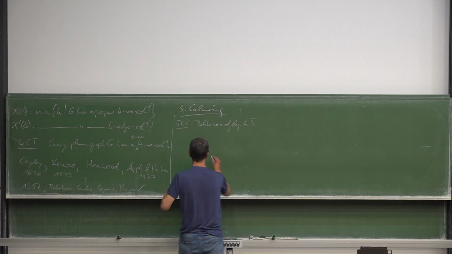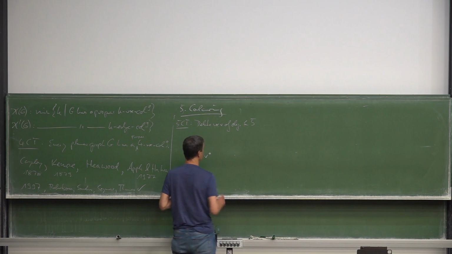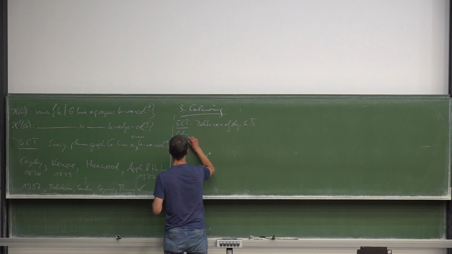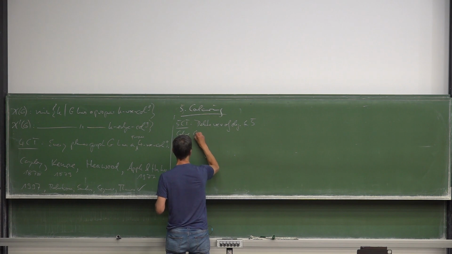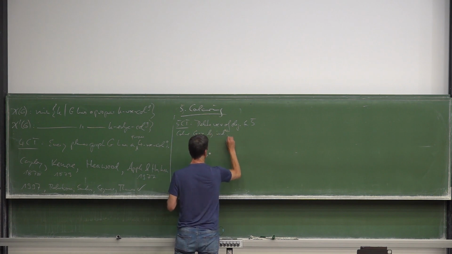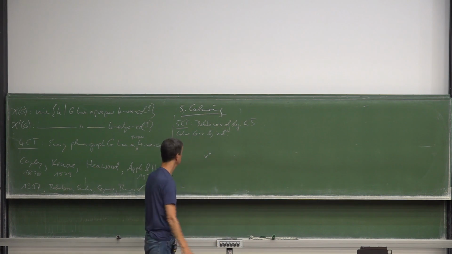Okay, call that V. Color G minus V by induction with at most 5 colors.